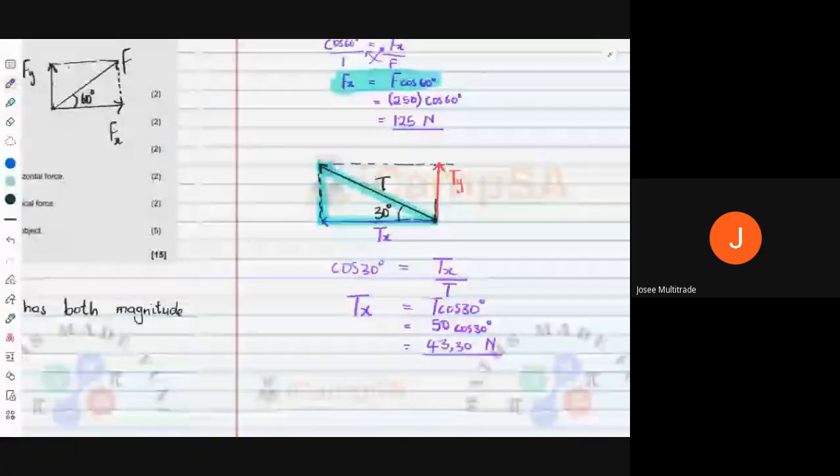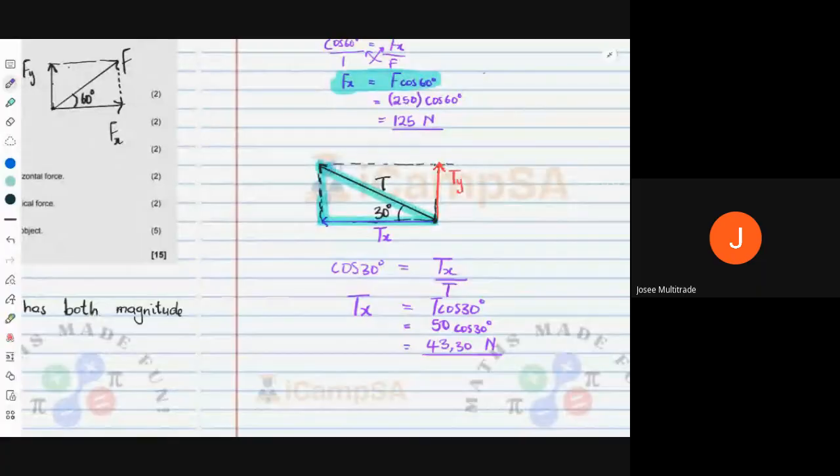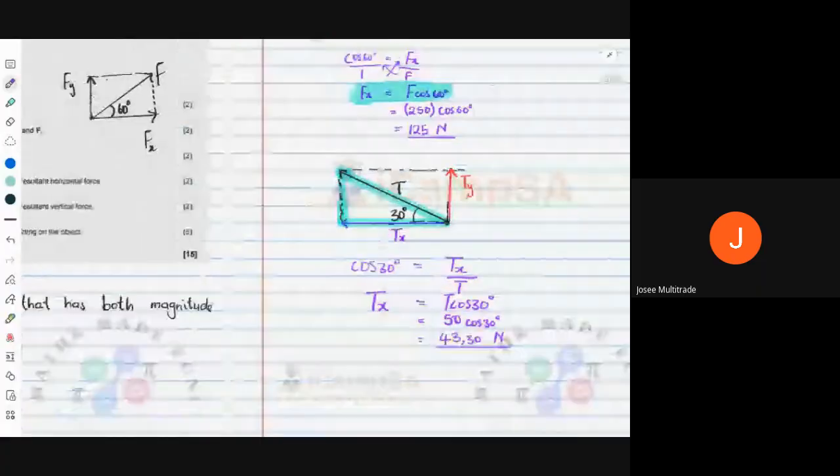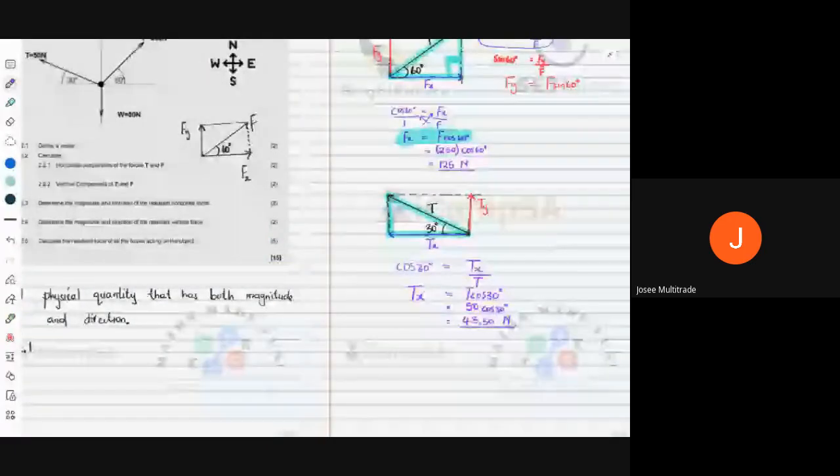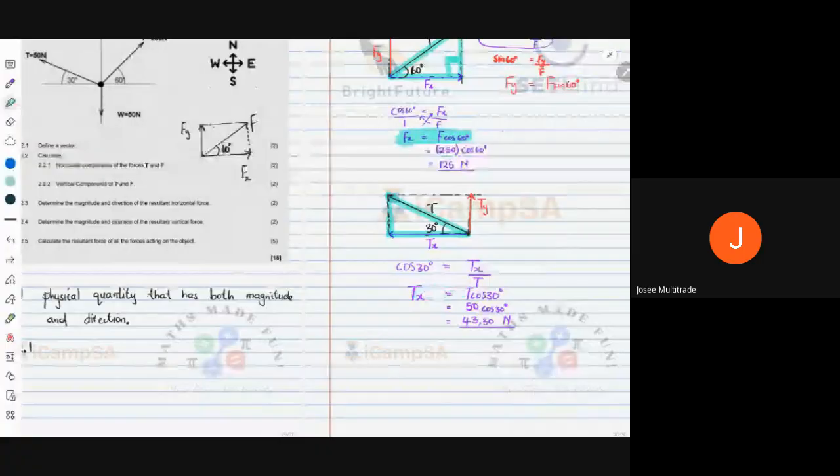So that's how you'd find Tx. I write it, and we can continue. Basically we have solved for these 2 marks. Do you see what I meant when I say all these other steps will not give you marks? They will just come and mark this answer, because the answer is what's important here.